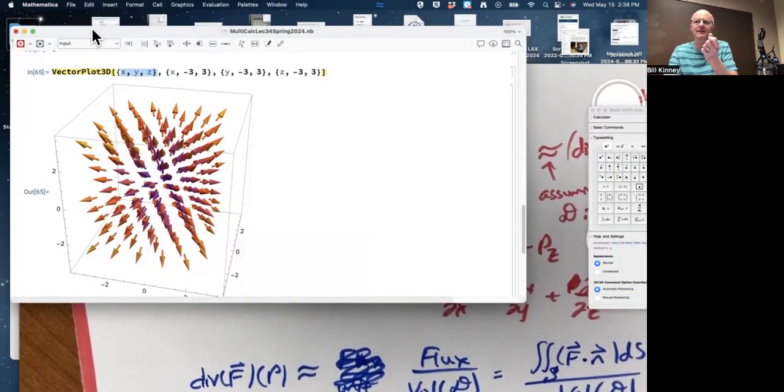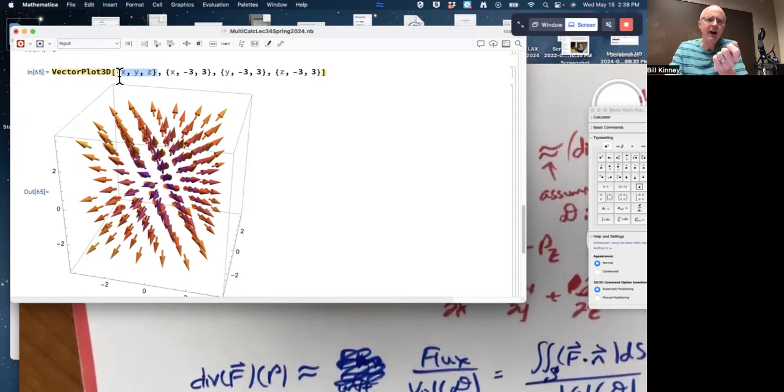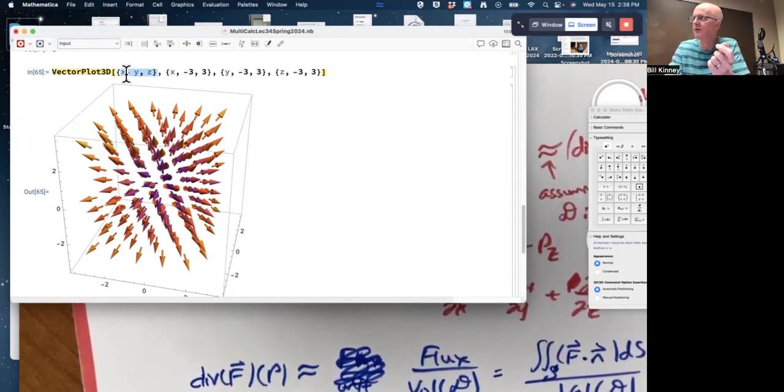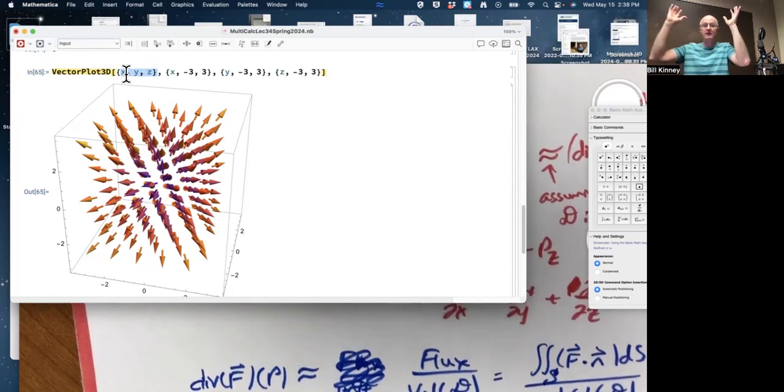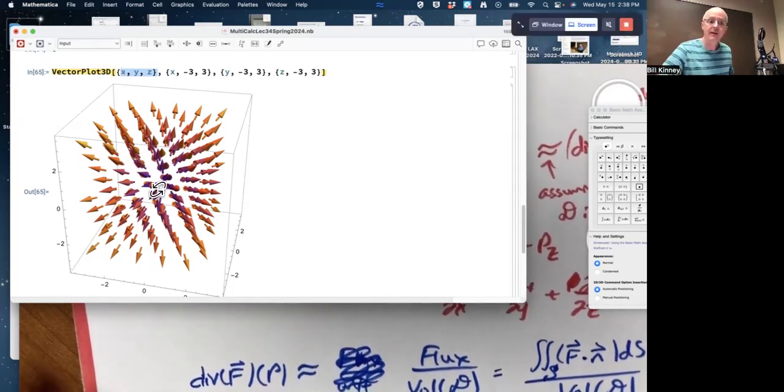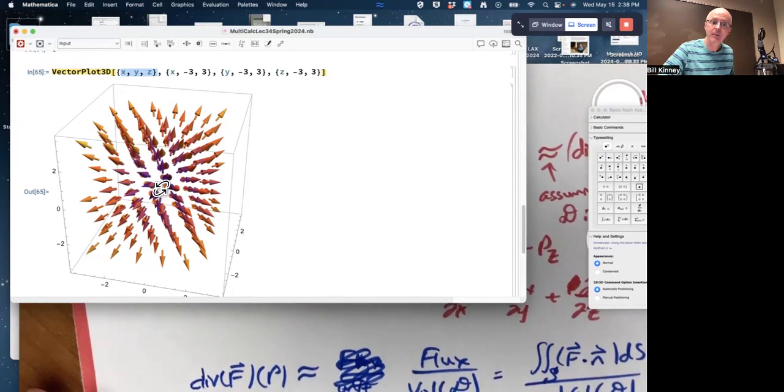But this vector field, x, y, z, has constant divergence of 3 everywhere in space. So the flux being 3 times the volume of any solid near the origin applies anywhere.